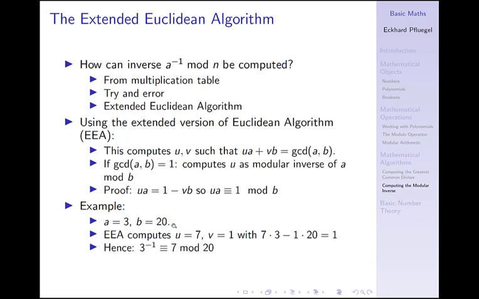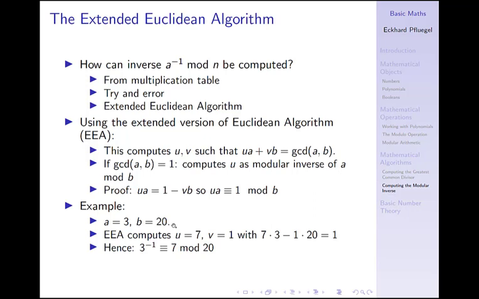But what if the numbers are bigger? Then I would recommend using the extended version of the Euclidean algorithm, which computes something linked to the optional part of the mini exercise from just earlier, to do with the linear combination of the inputs A and B. That's a little tricky and theoretical, and if it doesn't mean much to you, just skip over it.